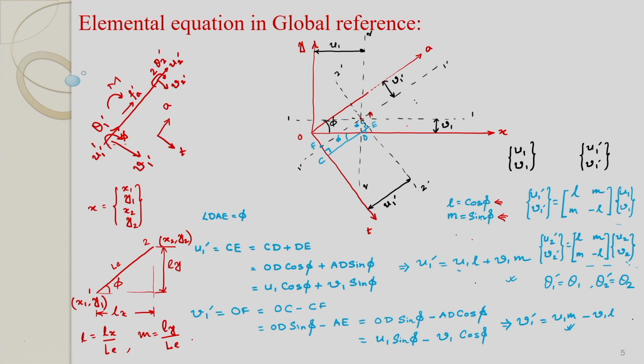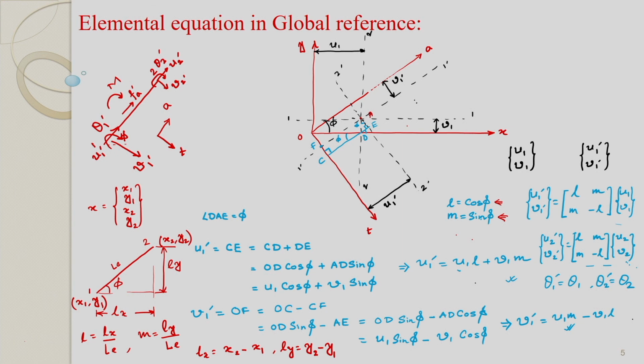And while finding this, Lx is always x2 minus x1 and Ly is always local y2 minus y1. Hence, we obtain corresponding L and M by choice of node 1 and node 2.